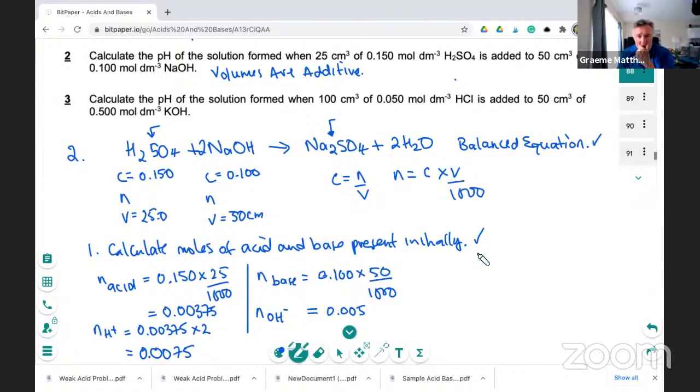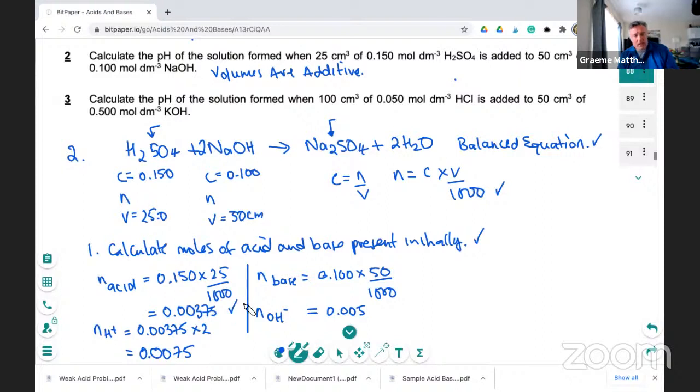If I take my concentration as moles per volume, and rearrange it, moles is concentration times volume over 1,000. Then I can put the data in and get the moles of hydrogen ions and the moles of hydroxide ions. So moles of acid would be 0.150 times 25 over 1,000, which is 0.00375.